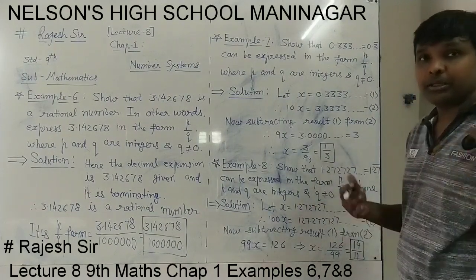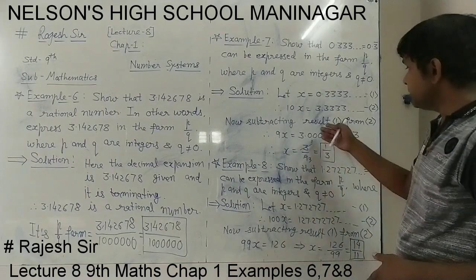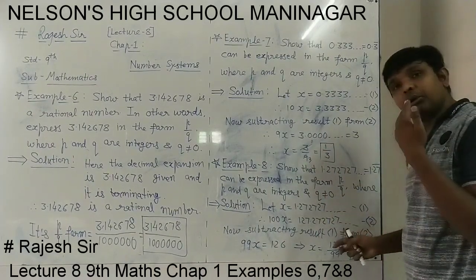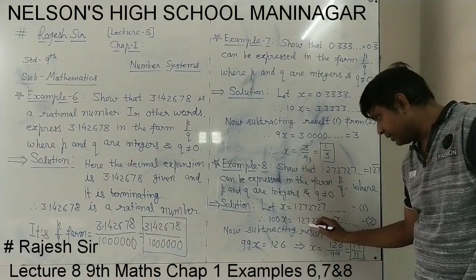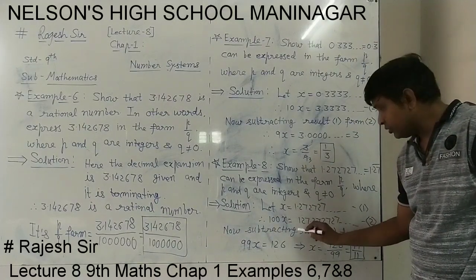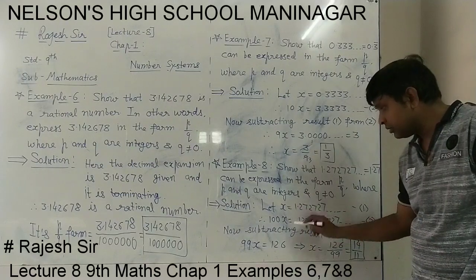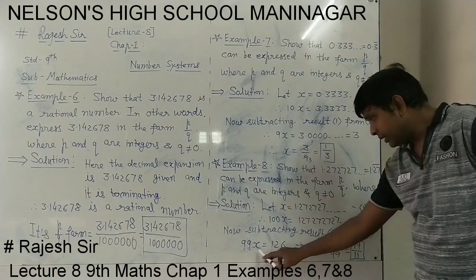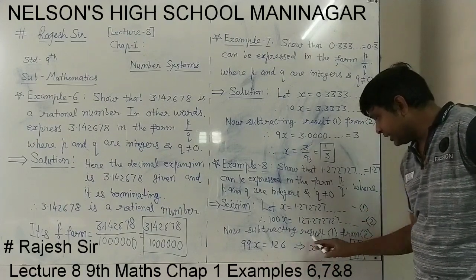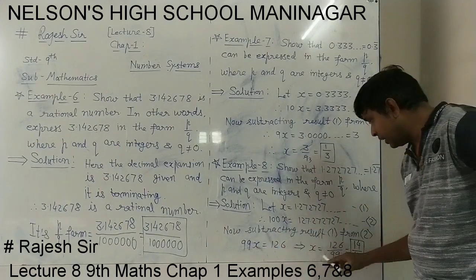So after the point the subtraction will give us 0s. We have to think about only before the point. Before the point here we have 127 and here we have 1. So 127 minus 1 will be 126. That implies x equals 126, and this 99 will go down.